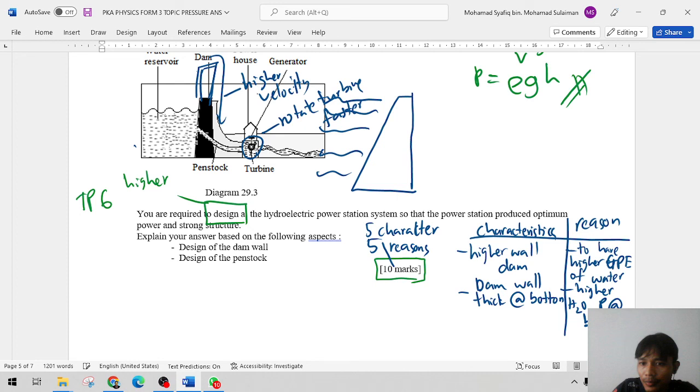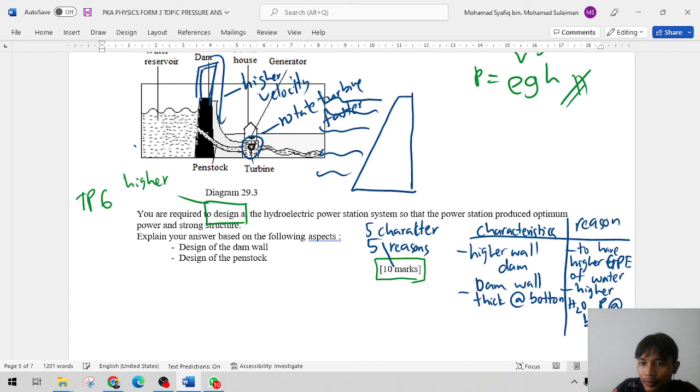Alright, and then the characteristic of the wall is the material, concrete, because the reason is it does not rust, and it is strong.